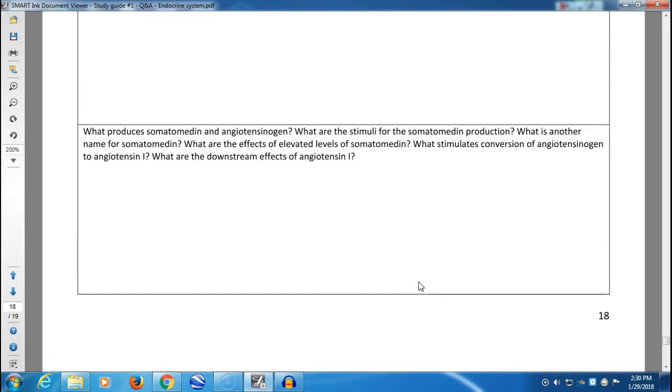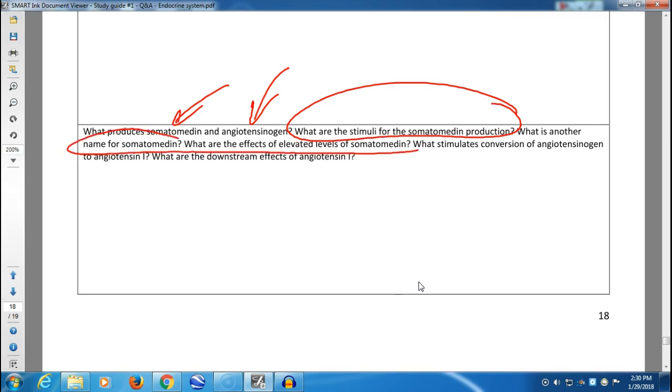IGF. Another name for insulin-like growth factors. Liver. Growth hormone is the main stimulus. For effects of insulin-like growth factors, refer to our discussion of growth hormone.